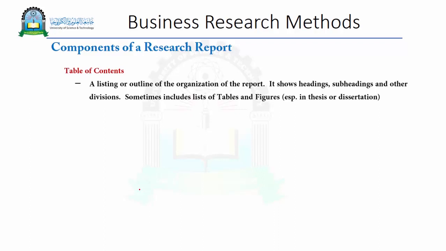So it's a listing or outline of the organization of the report, how you have organized the things and components of this report. So it shows headings, subheadings, and other divisions. Sometimes it includes lists, tables, figures. But this is, as we said, special for the thesis and dissertation.